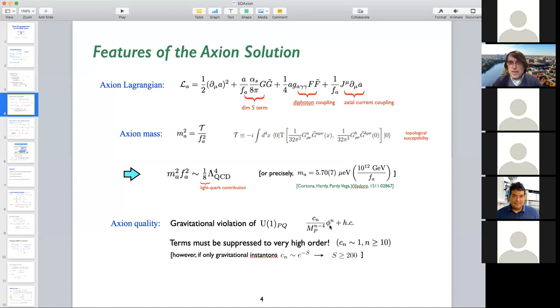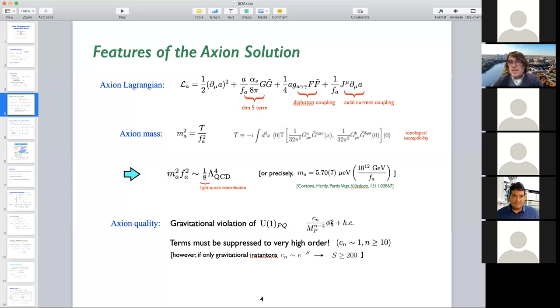And so if the axion is coming from, say, this scalar field, then what can happen is that you can destroy the axion solution. And so what you have to do is any term that's allowed by the symmetry needs to be suppressed to very high order.